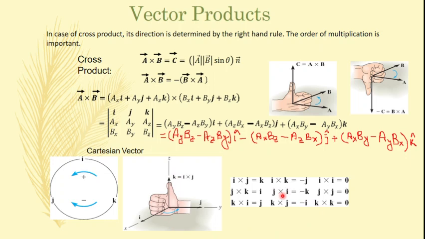We discuss later why it is negative; the direction is just opposite when we change the order. Whether we take i cross j or j cross i, the direction of k is opposite. Why it is opposite, we discuss later.